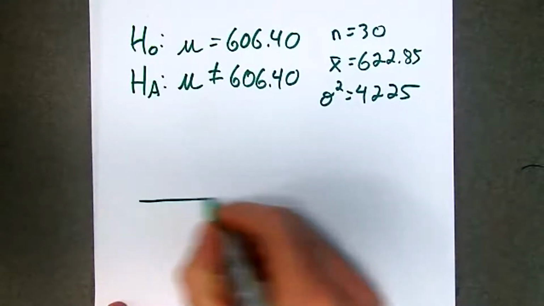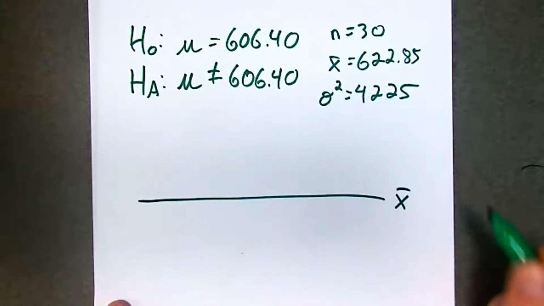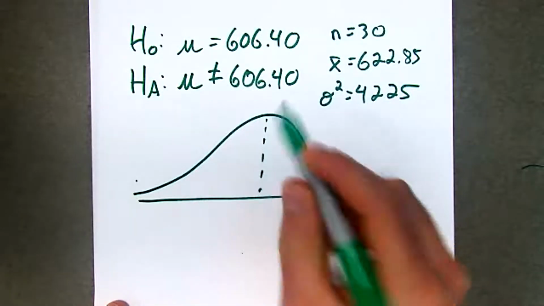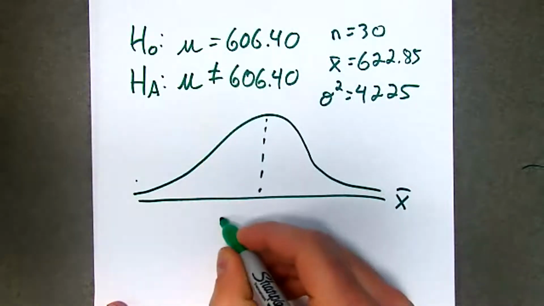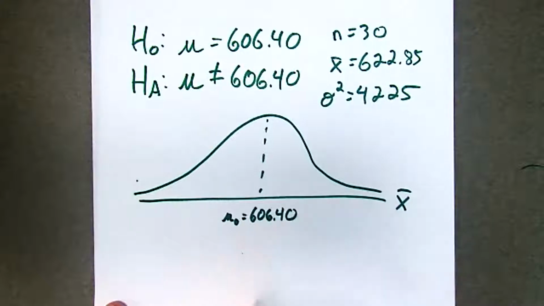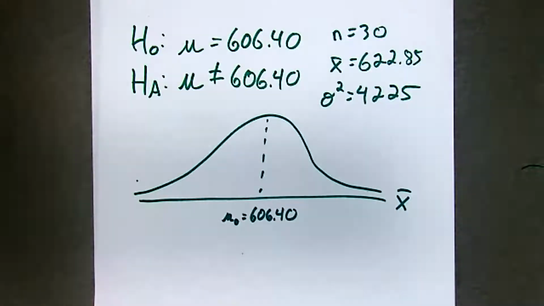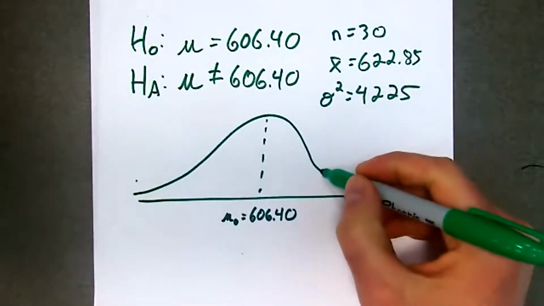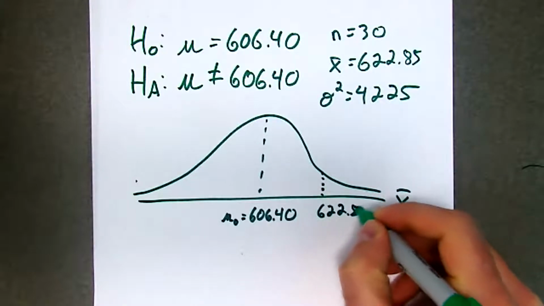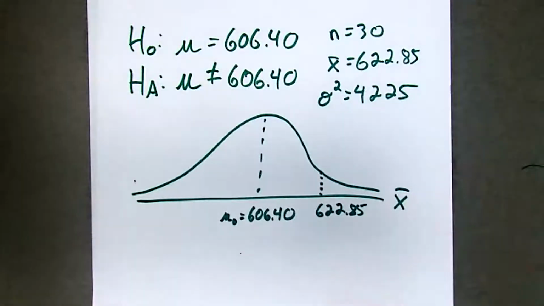With this information, we can think about the distribution of our sample means as normally distributed around that assumed true value of $606.40. Okay. We found a sample mean value of $622.85. So this is where it gets a little tricky.